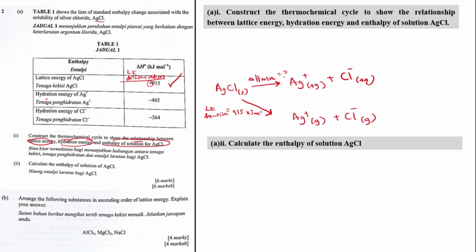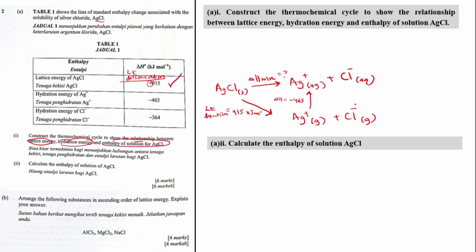Next, I have the hydration energy. So hydration energy means that Ag plus gaseous ion becomes aqueous ion. So you're going to make an arrow from the gaseous ion into the aqueous ion. Okay, so the delta H here is going to be negative 465.